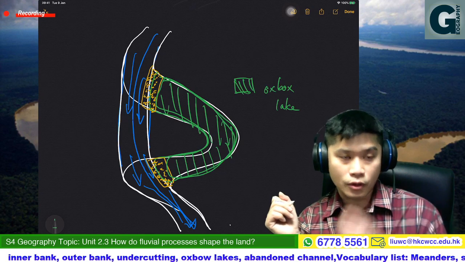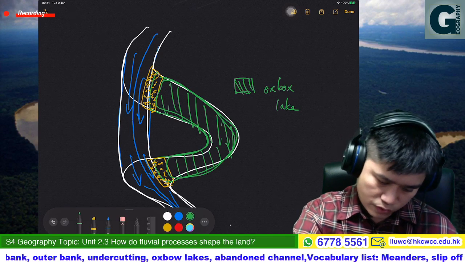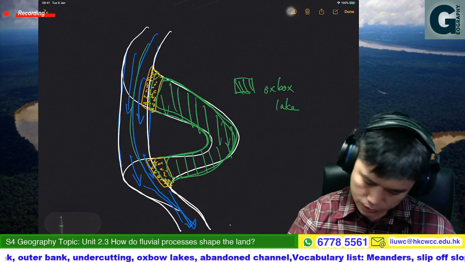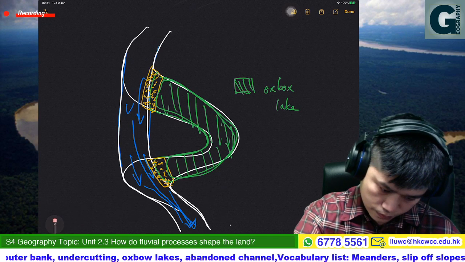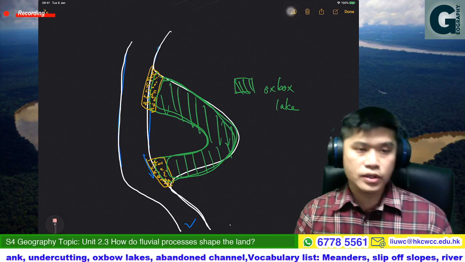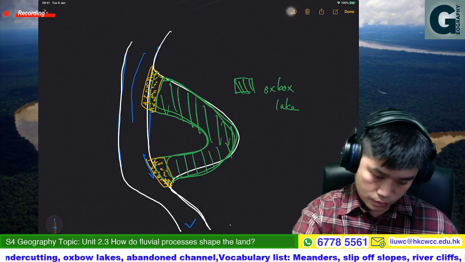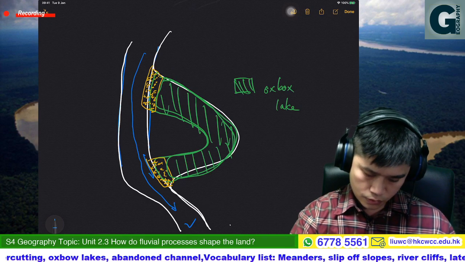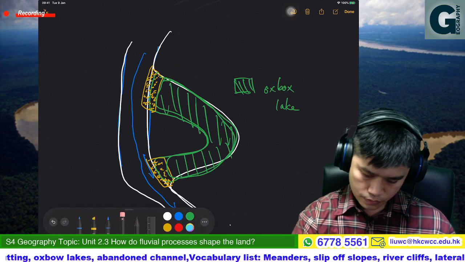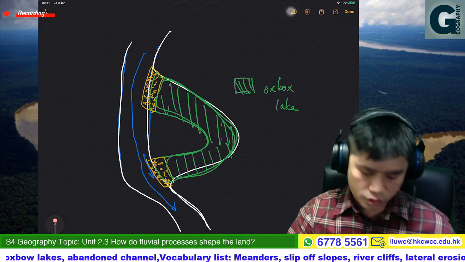Okay, that is what we call the Oxbow Lake. And you can see that here, the river continues to flow in this direction. So therefore, that would be the formation of Oxbow Lake.